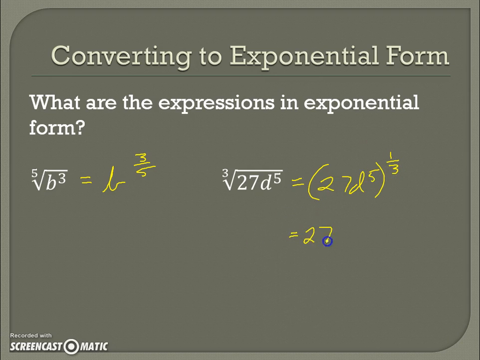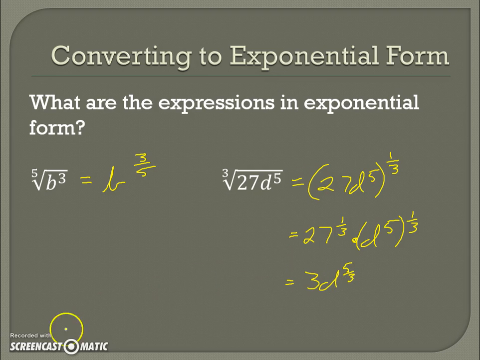So I'm going to have 27 to the 1/3 times d to the 5th to the 1/3. Now the cubic root of 27 is 3. And then here I just multiply 5 times 1/3, which is 5/3. So this one is not nearly as bad as what we dealt with on that last slide. So that's going to be 3d to the 5/3.